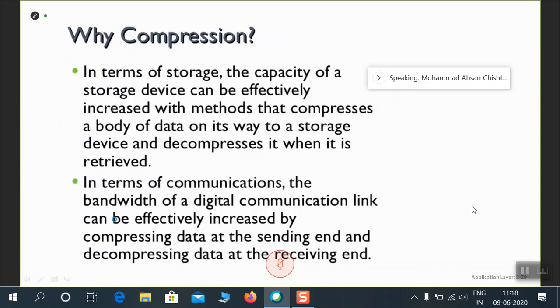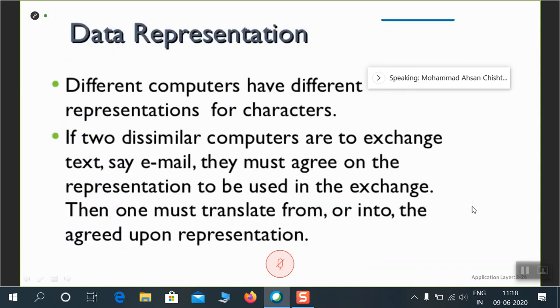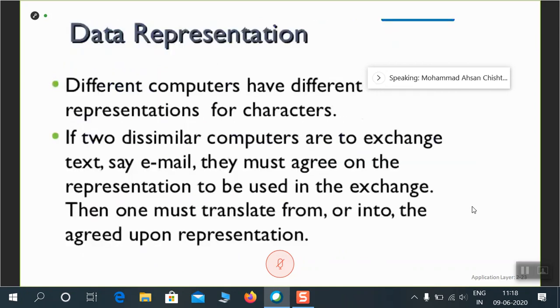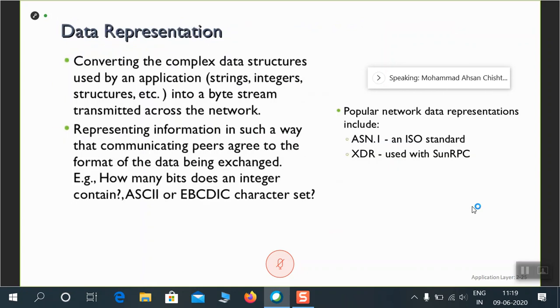So coming back to data representation. If two dissimilar computers are to exchange text, say email, they must agree on the representation to be used in the exchange. So one must translate from or into the agreed-upon representation.